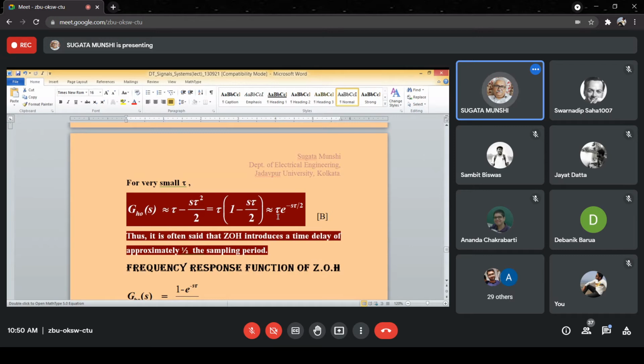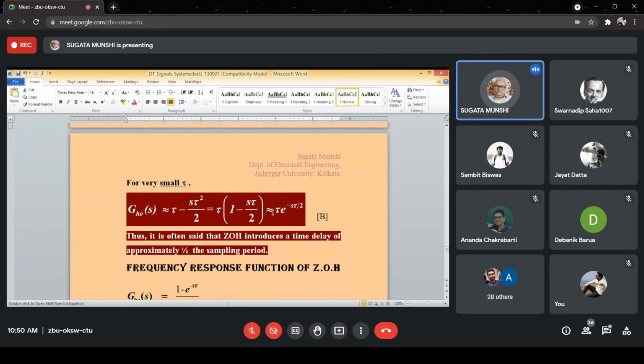The error signal is sampled and processed by some numerical algorithm, some processor-based system, and accordingly it generates an output.